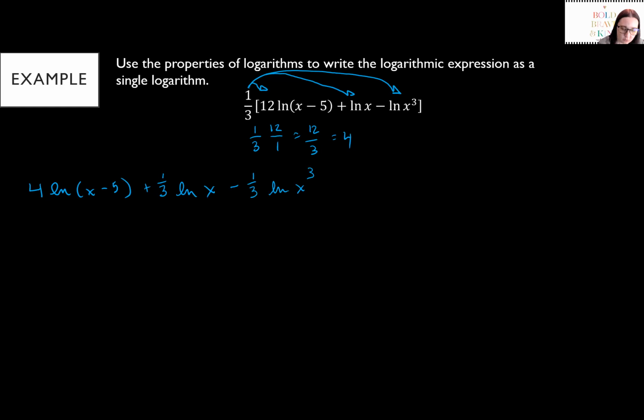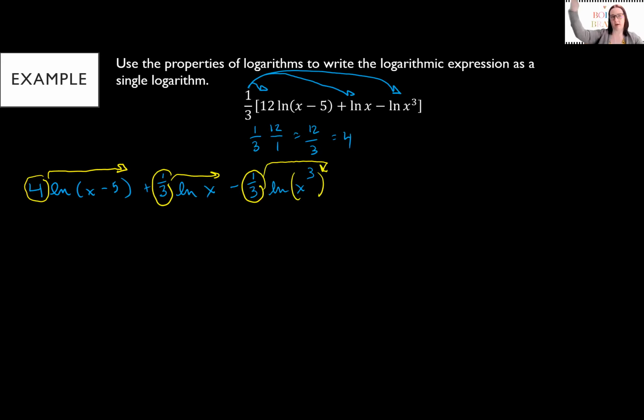And then we want to use the power rule. So all of those coefficients are now going to become exponents. The 4 will become an exponent on the x minus 5. 1/3 will be an exponent on the x. And then if you're wondering what happens here, it becomes another exponent on the x cubed.